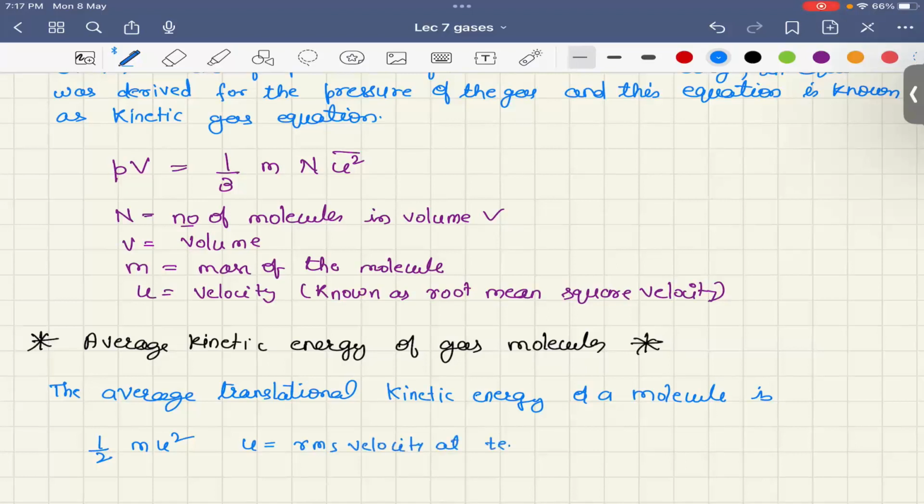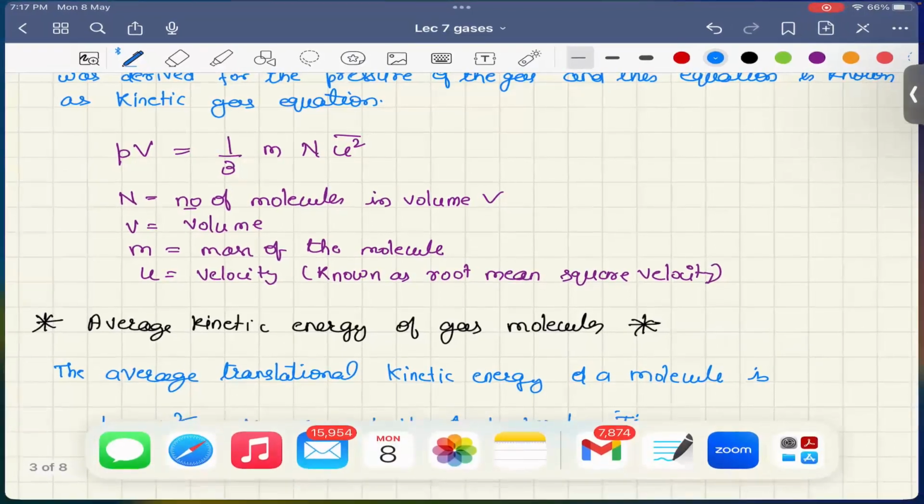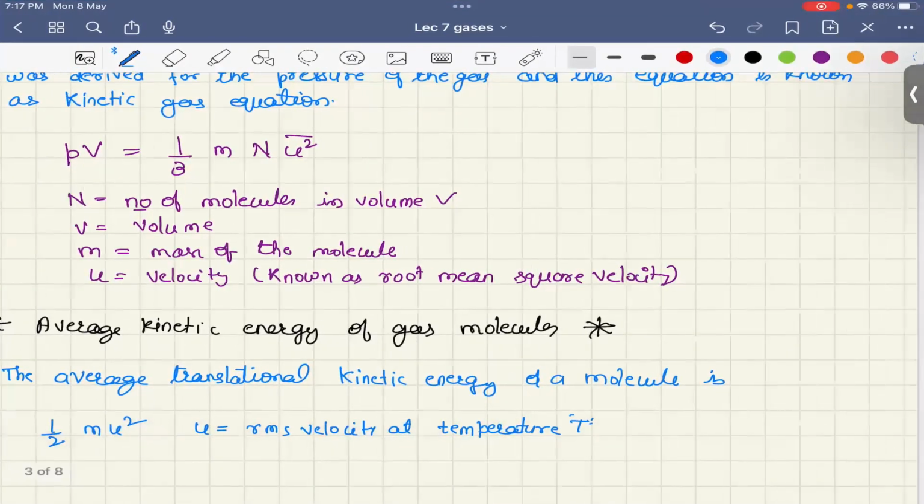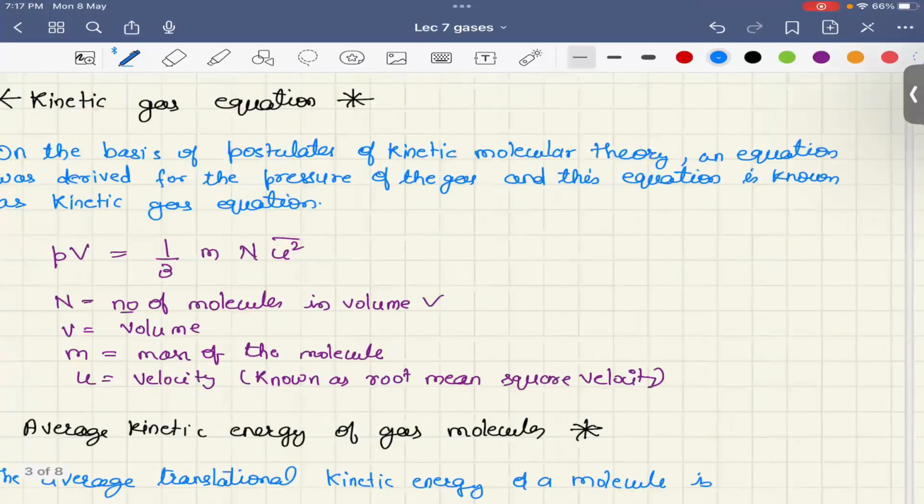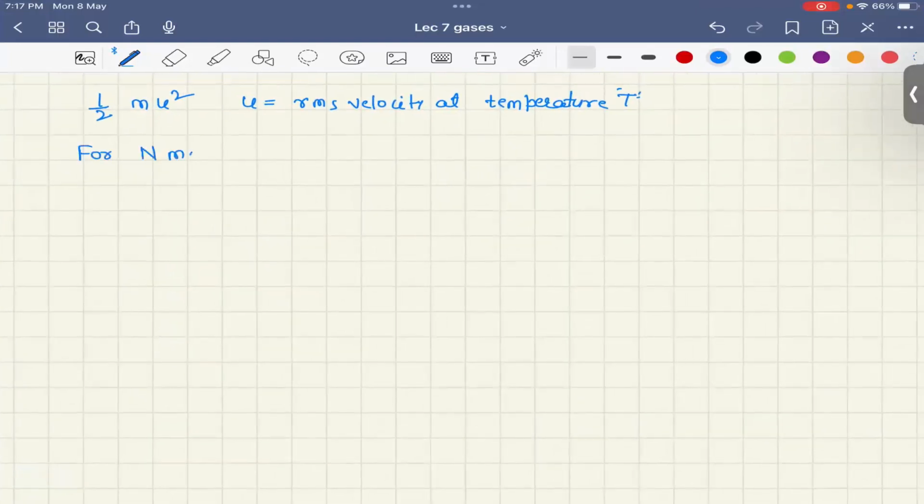At temperature T, right? For n molecules, we have Ek is equal to half m into n into u bar square.